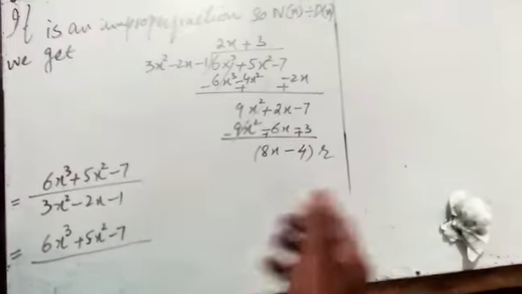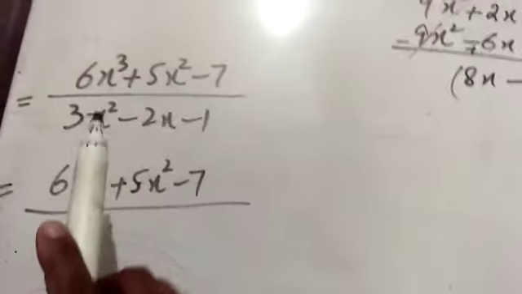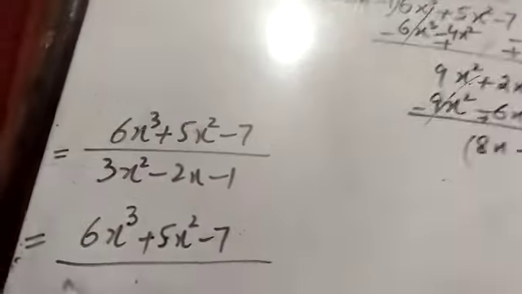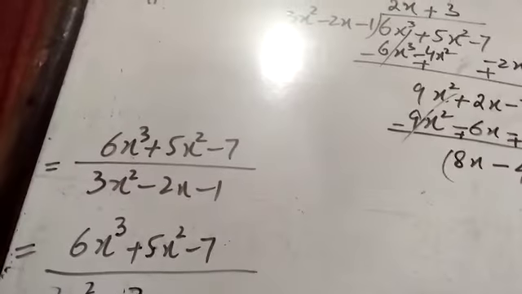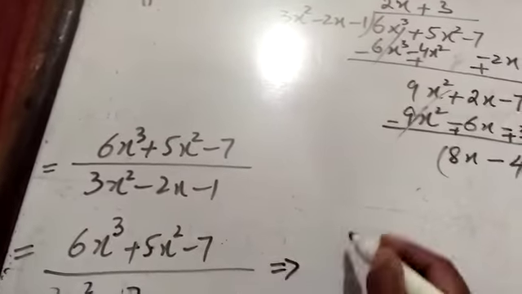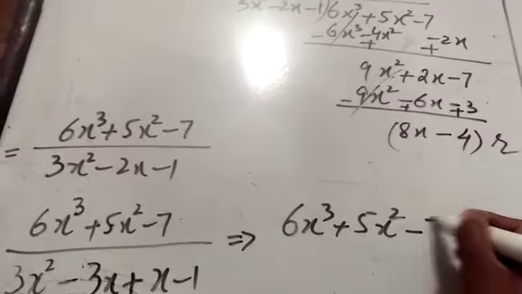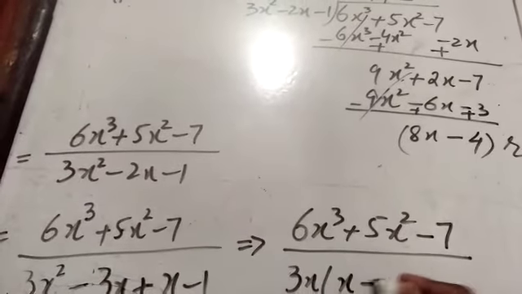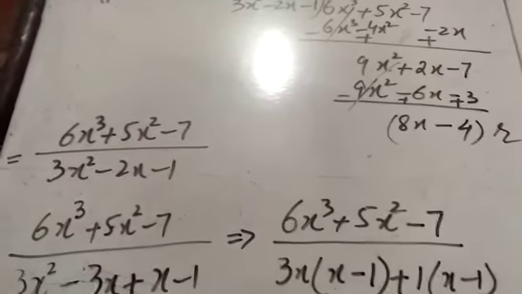Hence we will write the improper fraction as a proper fraction, but first of all we will change this denominator into its factors by breaking its middle term. 3x square minus 3x plus 1x minus 1. 3x is common, x minus 1 plus 1 is common, x minus 1 again.